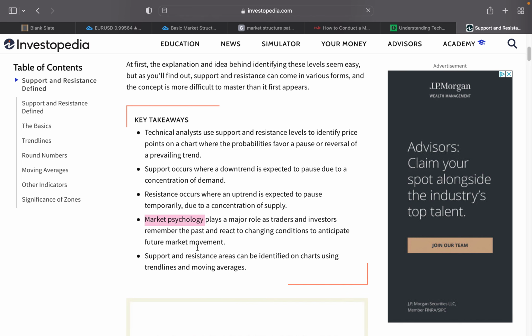So it might be easy to identify these support and resistance areas, but there is a big part in your discipline and the way you manage yourself and your equity, your market psychology, and having a clear understanding, and that gives you the confidence to enter a position. Like, yes, I have a clear understanding of this. It's given me these signals. It's given me these confirmations. Now I can confidently enter the market with an expectation that I may lose money and I also may win money.